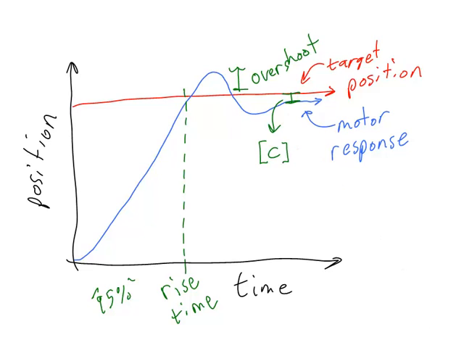And finally, the third characteristic that we looked at was the steady state error. The steady state error is the amount that the motor response is different from the target position after the motor response has stopped changing. That is, after the motor has come to a stop.